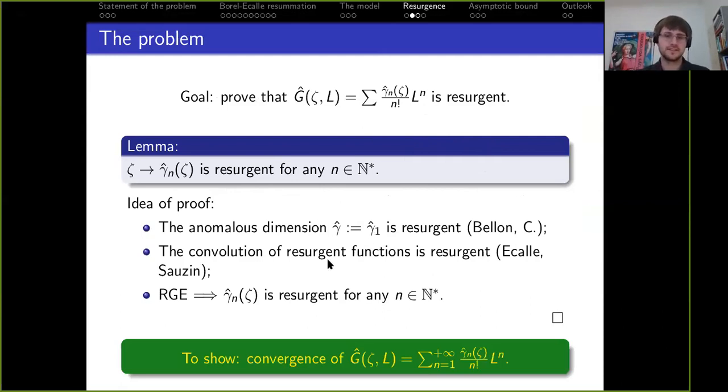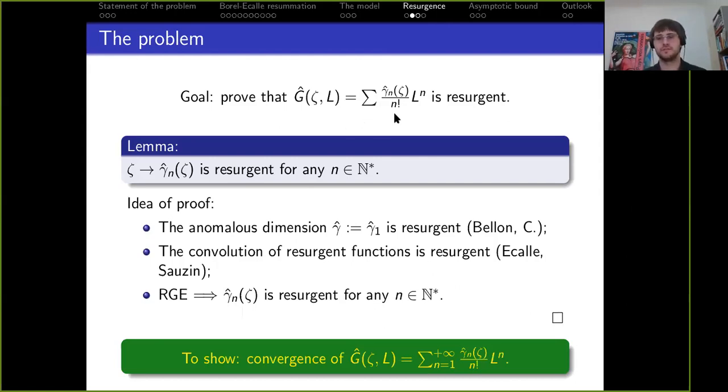Well, since we know by Ecalle and Sauzin that the algebra of resurgent functions is stable under convolution, derivation, multiplication by entire functions, and so on and so forth, the renormalization group equations give you for free by induction that all the gamma n's are resurgent. So all the parts that are in the 2-point functions are resurgent.